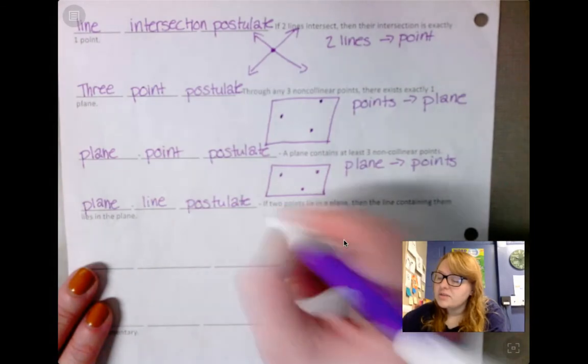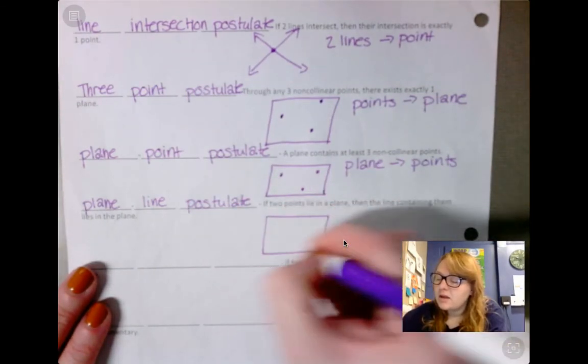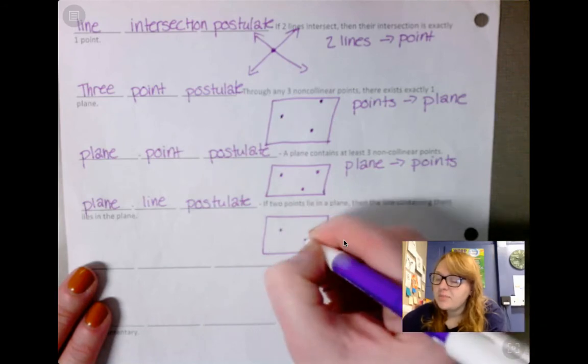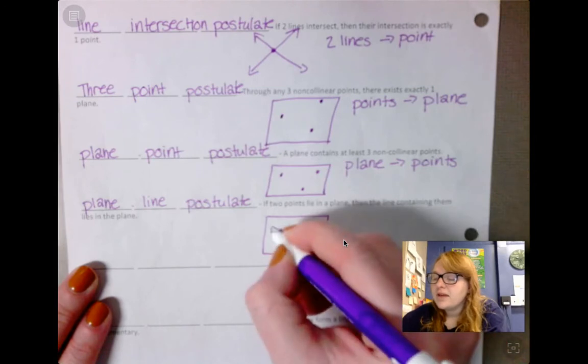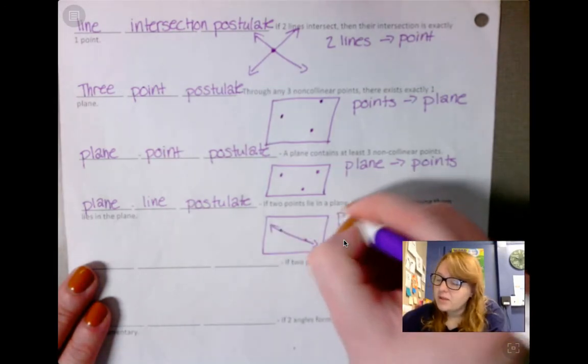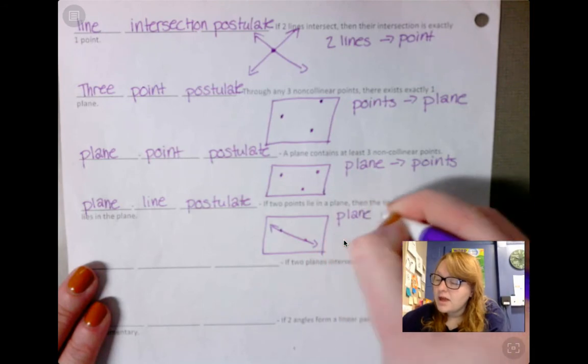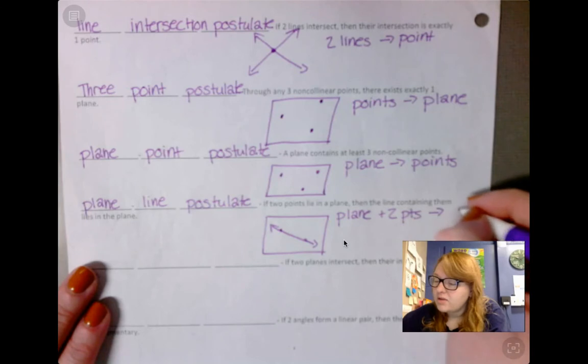So if you have a plane and 2 points in that plane, then there is a line that goes through those points that is also on the plane. Okay, so for this one, if you have a plane and 2 points, then you get a line in the plane.